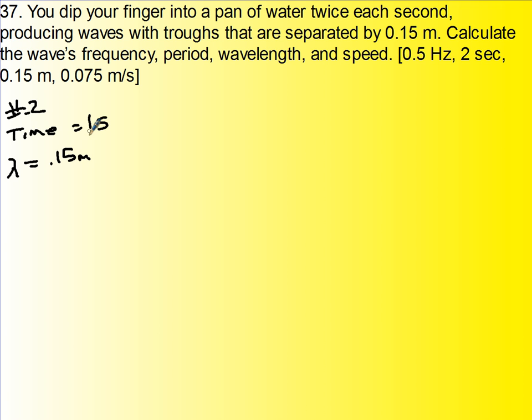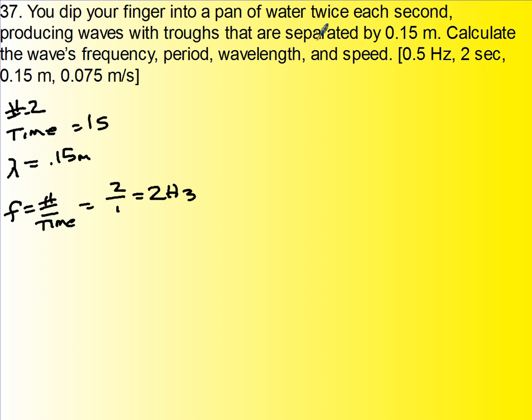All right. The frequency is the number of cycles divided by the total time. So the number of cycles is 2 divided by 1, so this is 2 hertz. Did I do that one backwards?